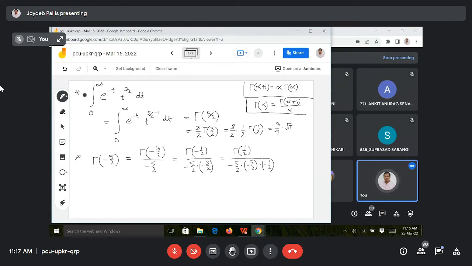Now it is positive. Now we know the value of gamma half. It is root pi, and divided by, it is what? 15 by 8. So I can write this.